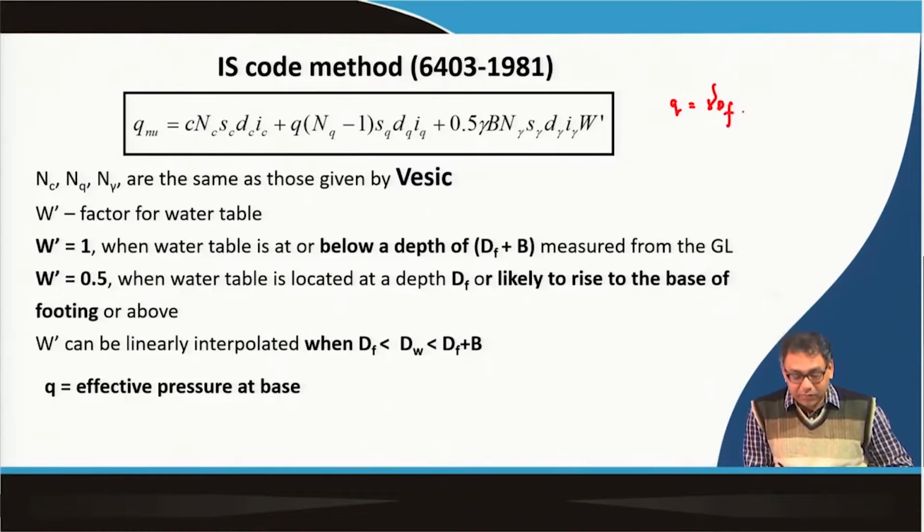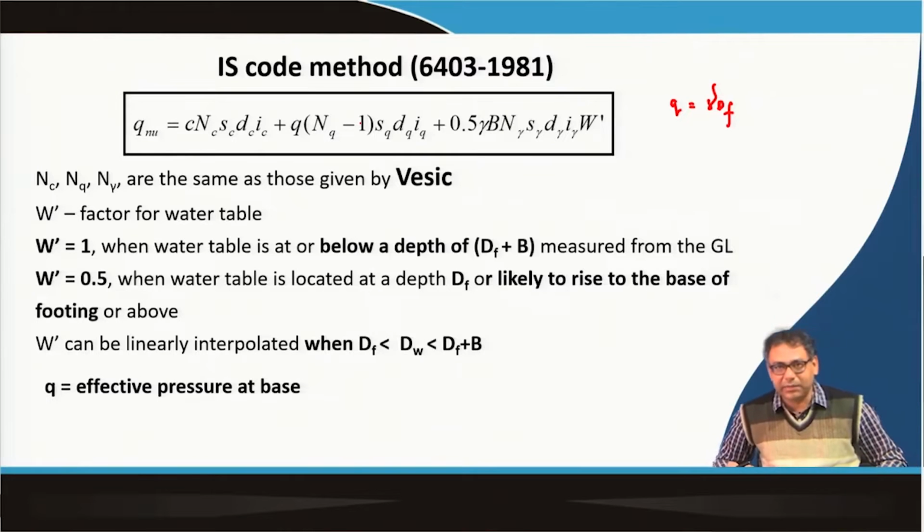So, you can see that this is q into gamma Df, which is subtractive, which we have to subtract to calculate the net ultimate bearing capacity.